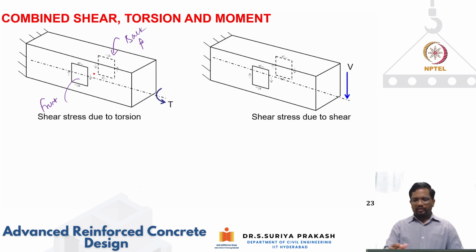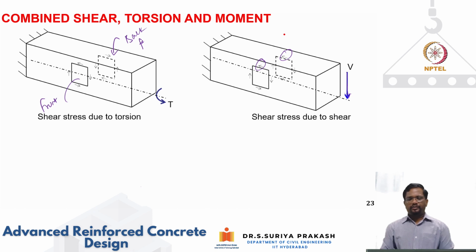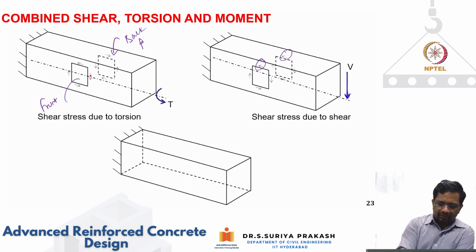But in shear, this is the shear force that is acting, so the shear stress here and here are in the same direction. So if I look at this front face, this is the direction of shear stress due to torsion, and this is the direction of shear stress due to applied shear. You see, this and this will add up.